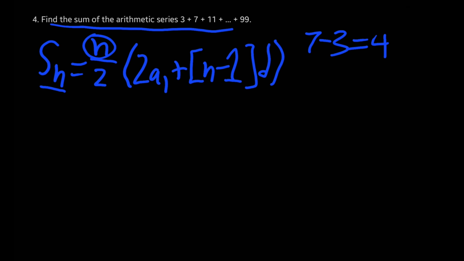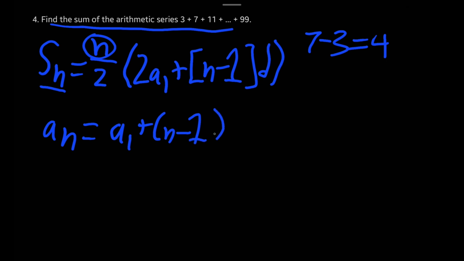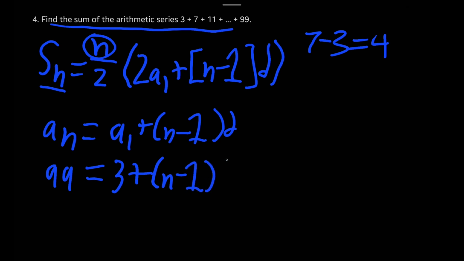So a strategy you can use is we refer back to arithmetic sequence. So we have again a sub n equal to a sub 1 plus n minus 1 d. With this, we can actually calculate what term the value 99 is. So we plug in a sub n as 99, a sub 1 is 3, plus n, which we do not know, so we leave it as is, minus 1 with a common difference of 4.